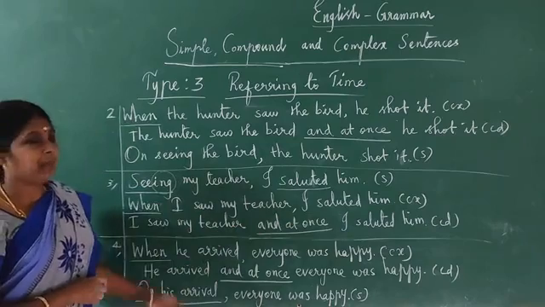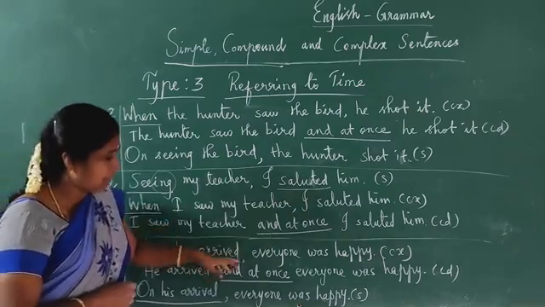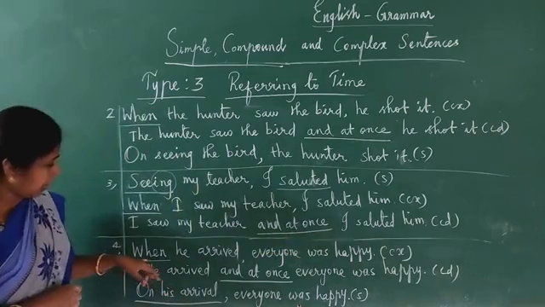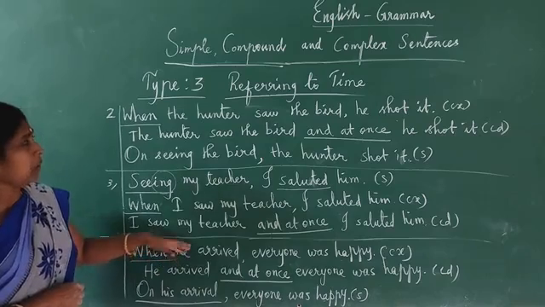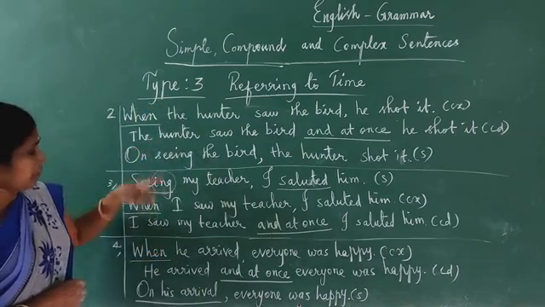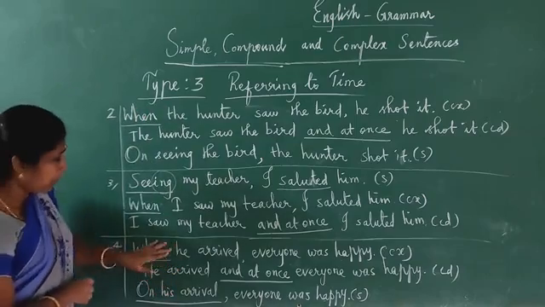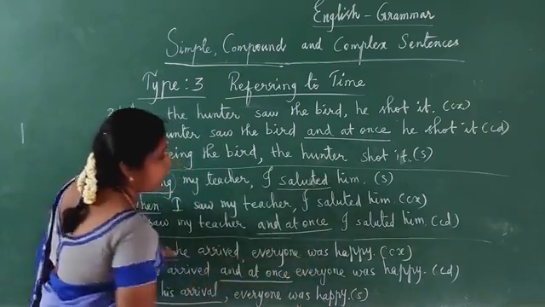You understand? Now let's see another example. When he arrived, everyone was happy. This is complex because, by the presence of "when", we can easily identify that the sentence belongs to your third type, and also that it is complex. Now we have to change it into compound. Remove this word. He arrived and at once everyone was happy.